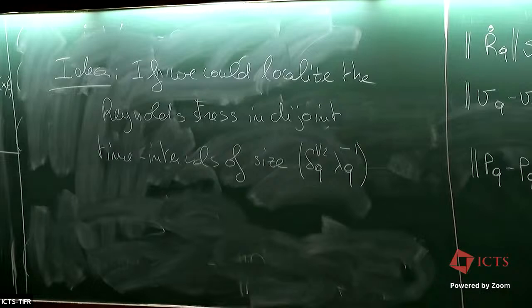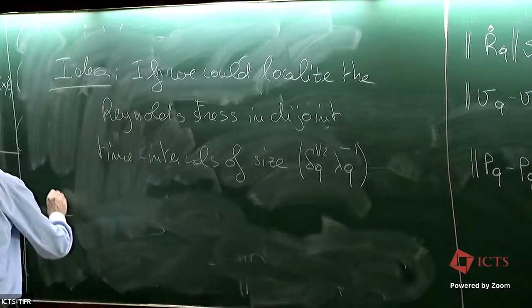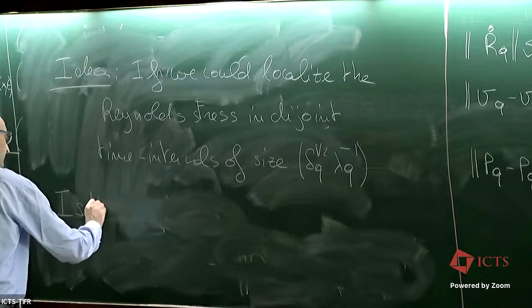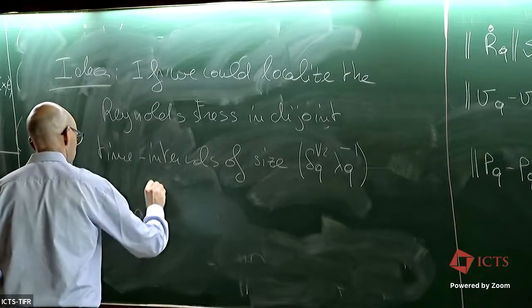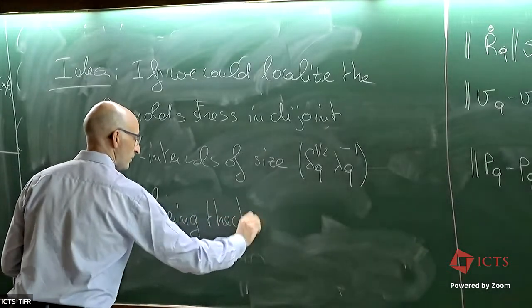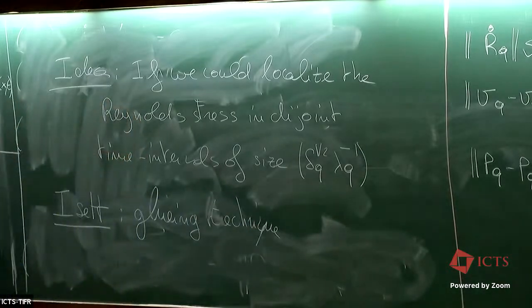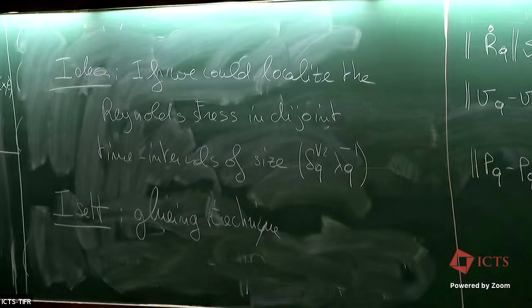And here enters what Phil calls the gluing technique. So the idea is the following: rather than immediately removing the error, let us make a first step and perturb my solution of the Reynolds stress to a new solution that has that characteristic.